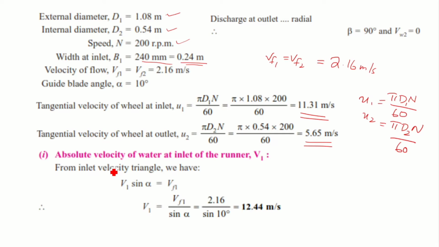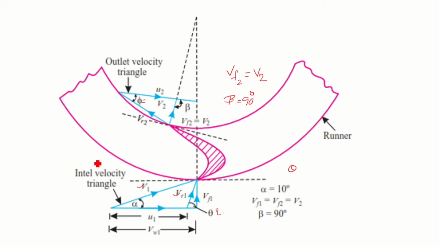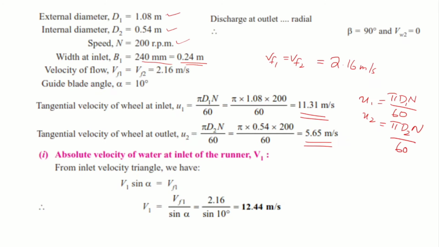So next we need to find the absolute velocity of the water at inlet of the runner, V1. So how will you find V1? We know that the value of Vf1 is given as 2.16 meter per second.